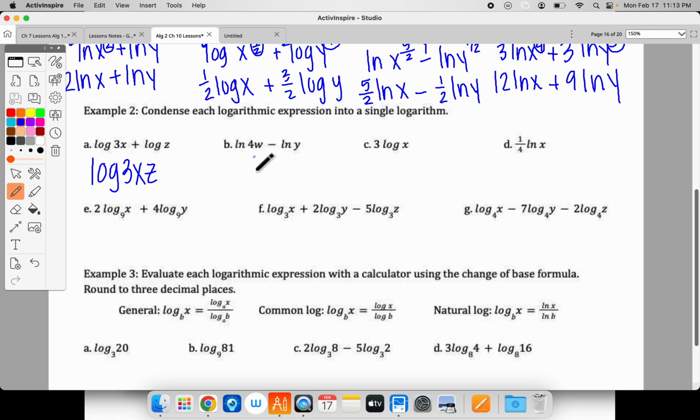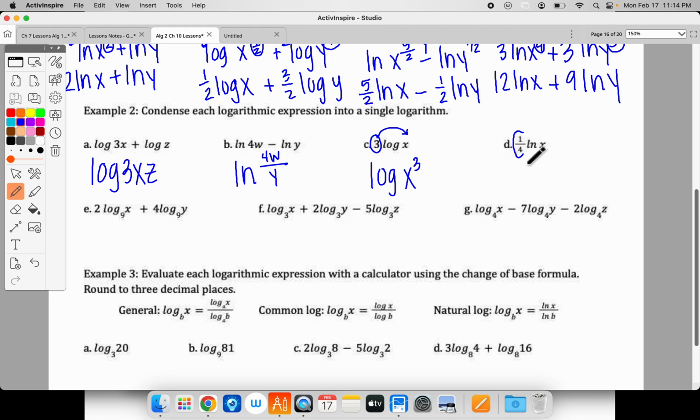So subtraction can change to division. So this is ln of 4w divided by y. When it's in front of the log, that's when it can go back to the exponent. So this is log x to the third.